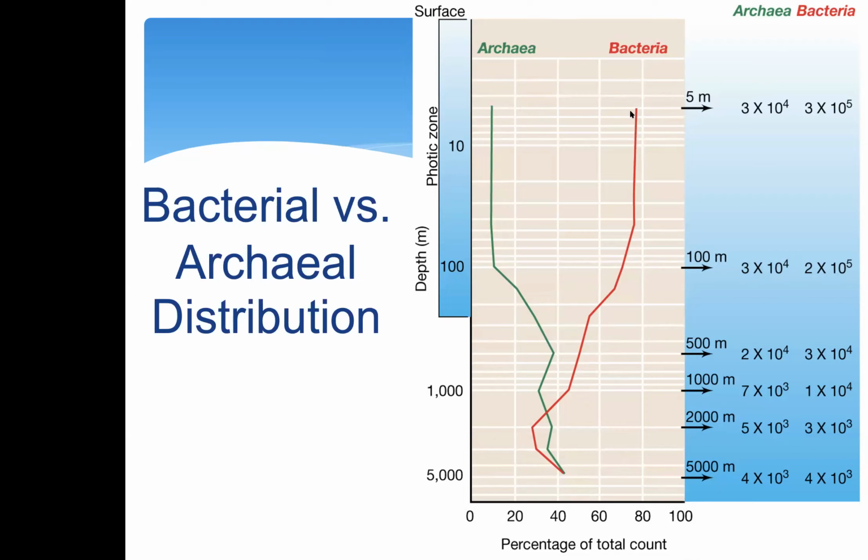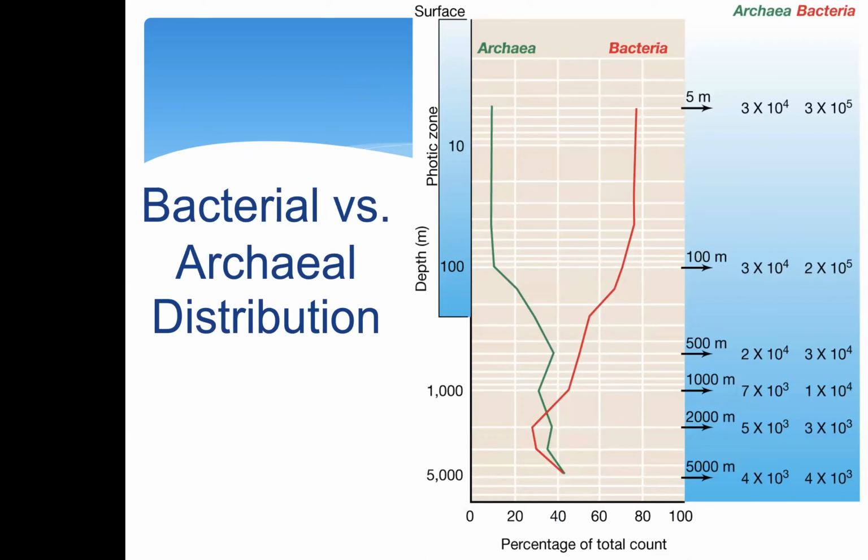But what do you notice about this graph as it goes down? The bacteria decreases and the archaea increases. Exactly. So what you'll see is that as you get all the way to the bottom, you end up with roughly equal amounts.